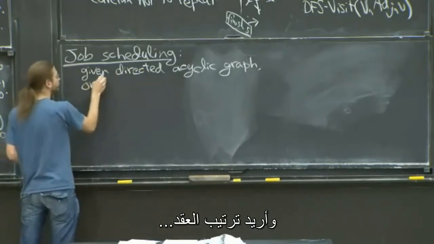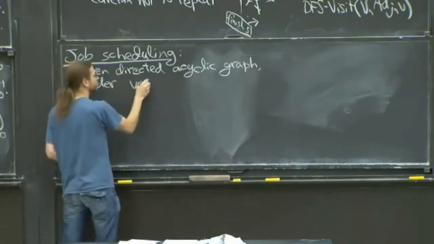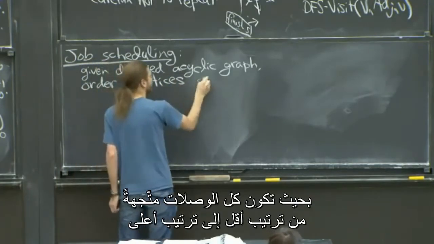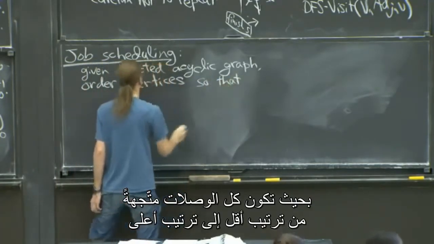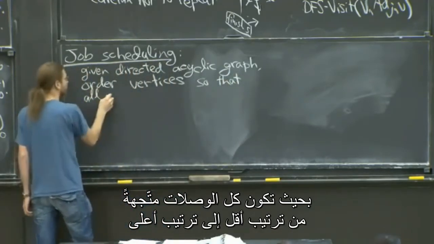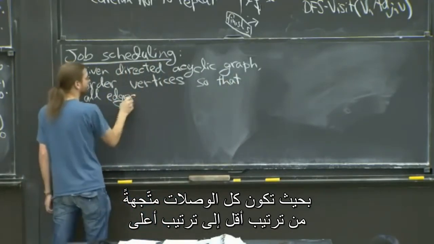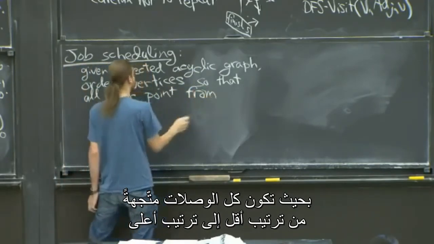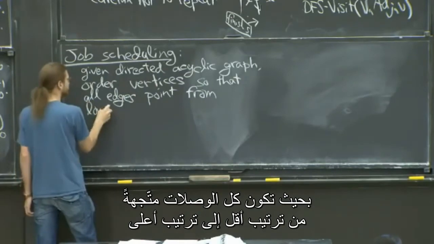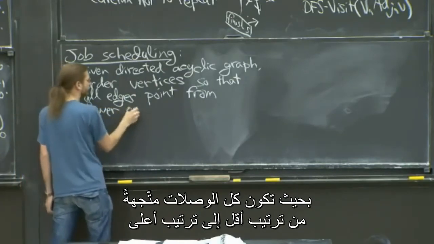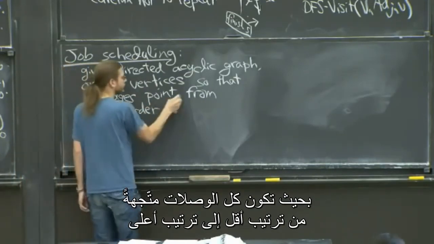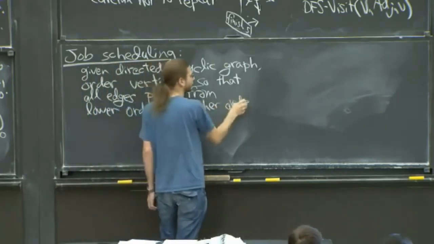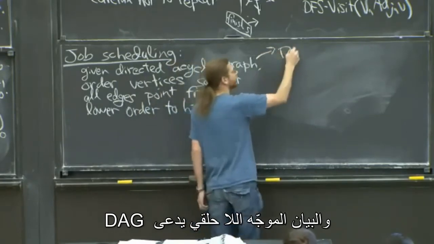I want to order the vertices so that all edges point from lower order to higher order. A directed acyclic graph is called a DAG.